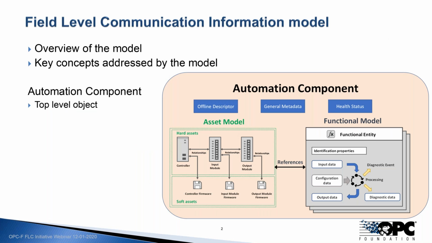I'm going to talk about the information model aspect of FLC. In particular, I'm going to give you an overview of the information model we have. I'm going to go through the key concepts and key ideas on what we want to do with this information model.